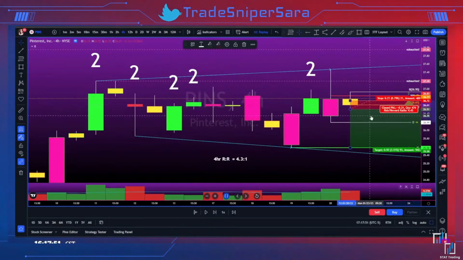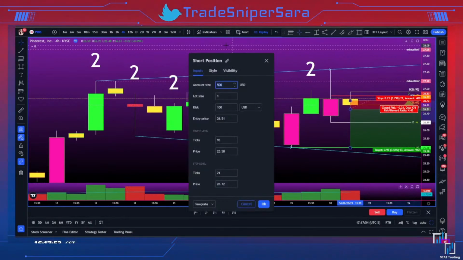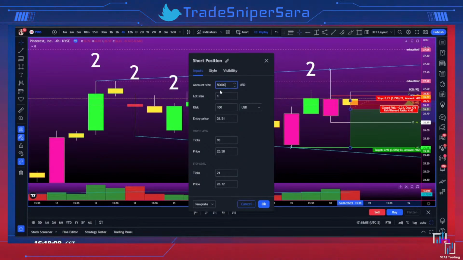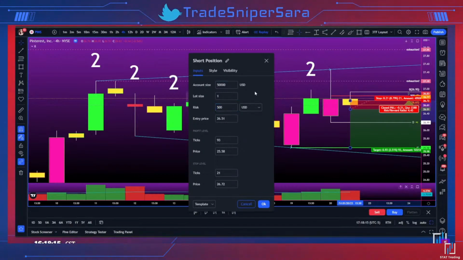And once you know your risk reward, that's when you can get really detailed with the settings of this tool. So if you click on it, you hit settings, you tell it your account size. So say, this might be a lot, but say you have a $50,000 account, okay, and you don't want to risk more than $500, which is 1% of your account on one trade.